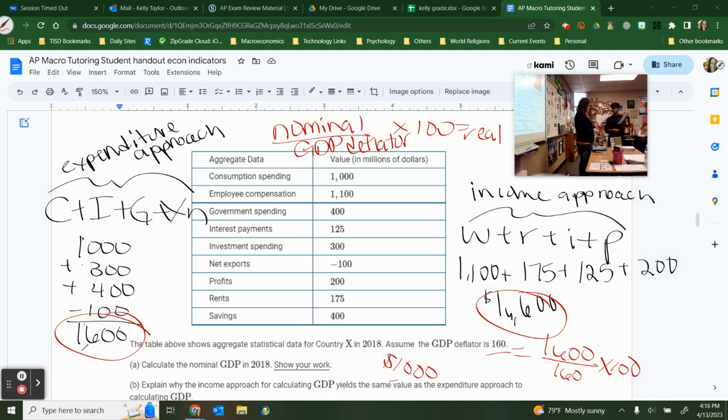Divided by the population. Nominal GDP times price.